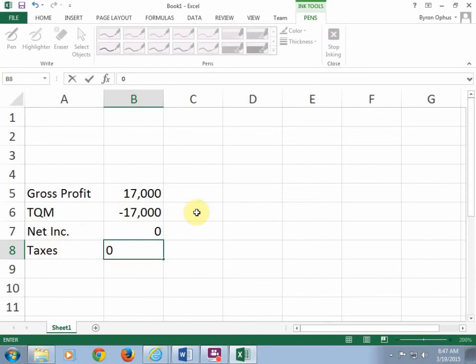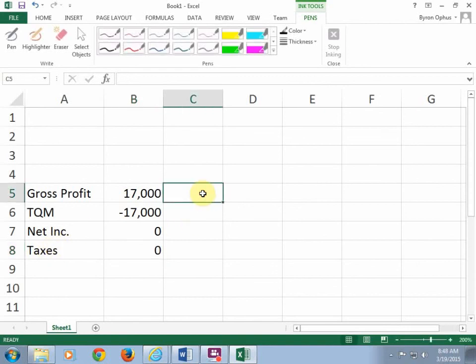Okay. Let's say they made that same gross profit of 17 million, but they didn't spend anything on TQM. What's their net income? 17 million.